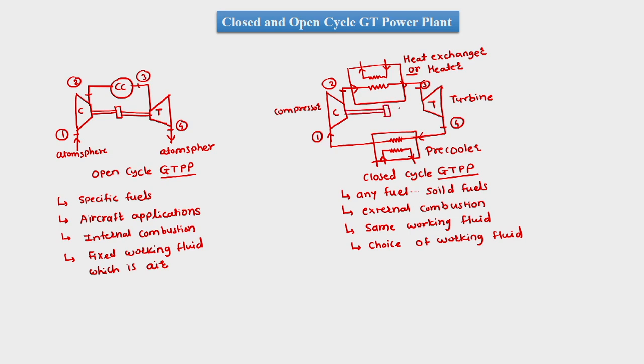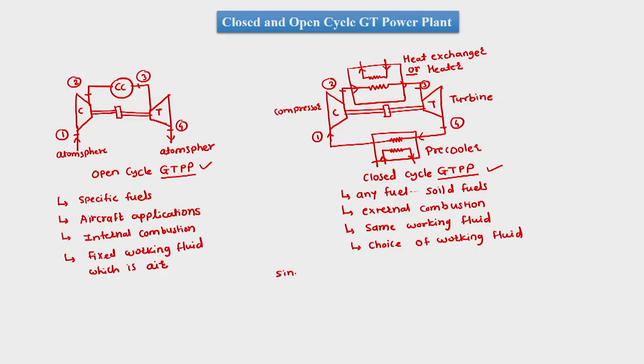And then we have these arrangements which are single shaft. Basically both the arrangements of open and closed cycle gas turbine power plant are shown over here as single shaft arrangement, and such arrangements are good for fixed load.